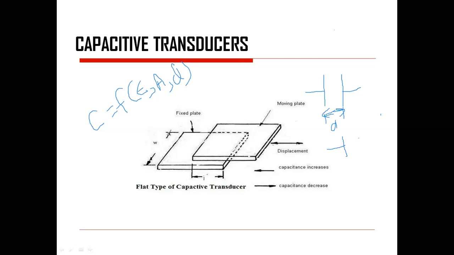If I move this plate or increase the distance, this is also displacement, because we are interested in displacement. Whenever we increase the distance between the two plates, its capacitance will change. But this change in capacitance is proportional to the change in displacement or distance of the two plates.